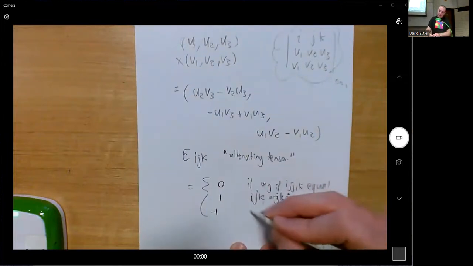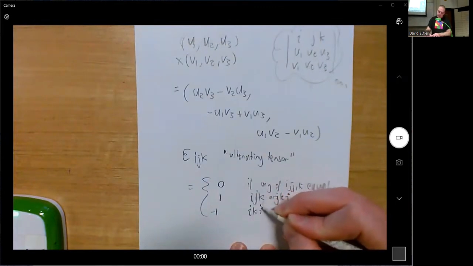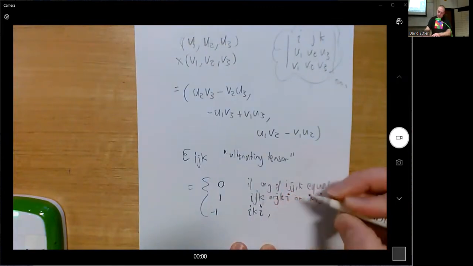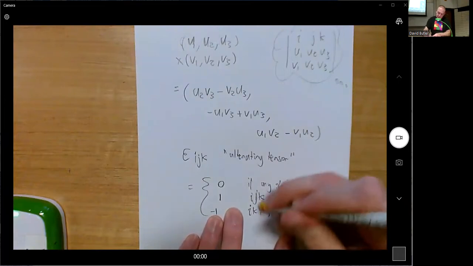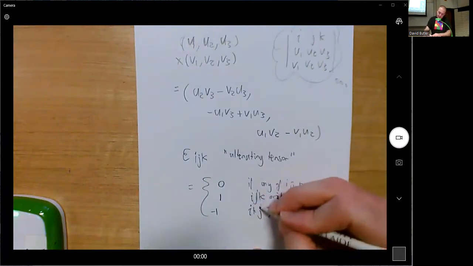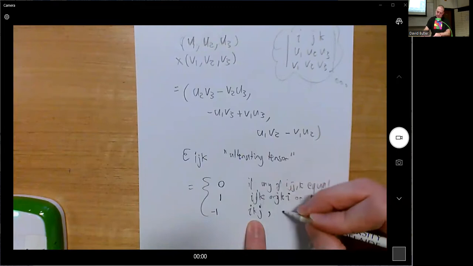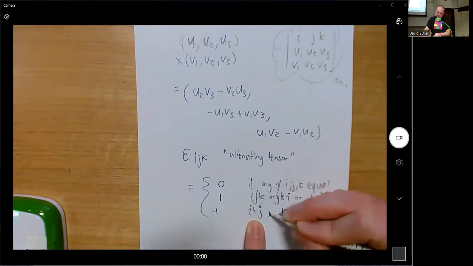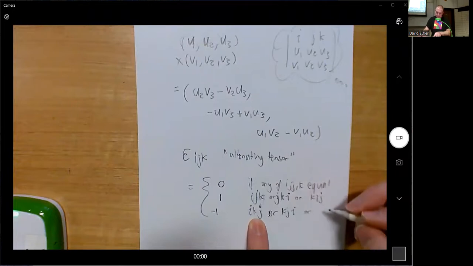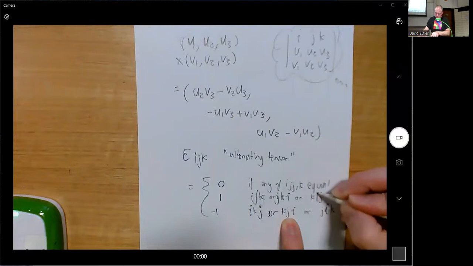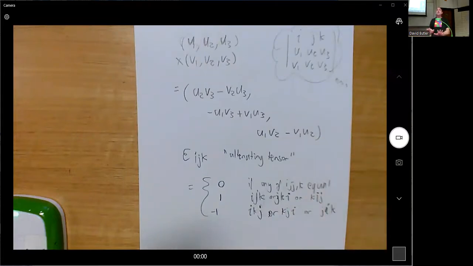And -1 if they're in the reverse order. Just switch any 2 of them and it'll be okay. Is that right?